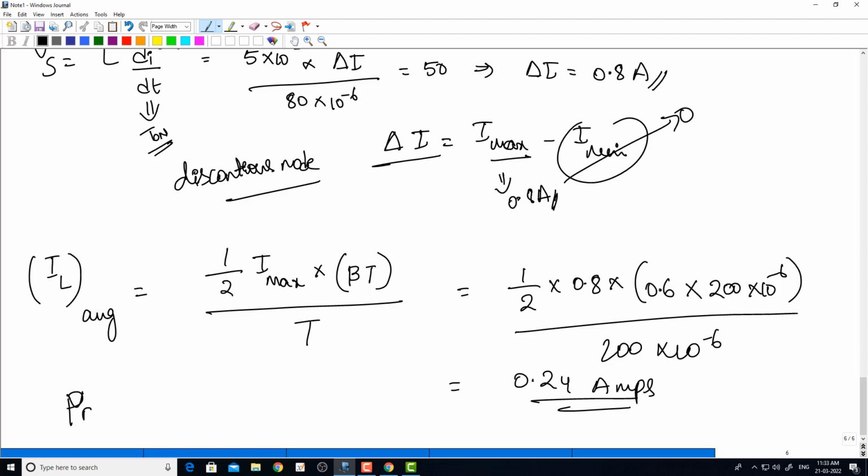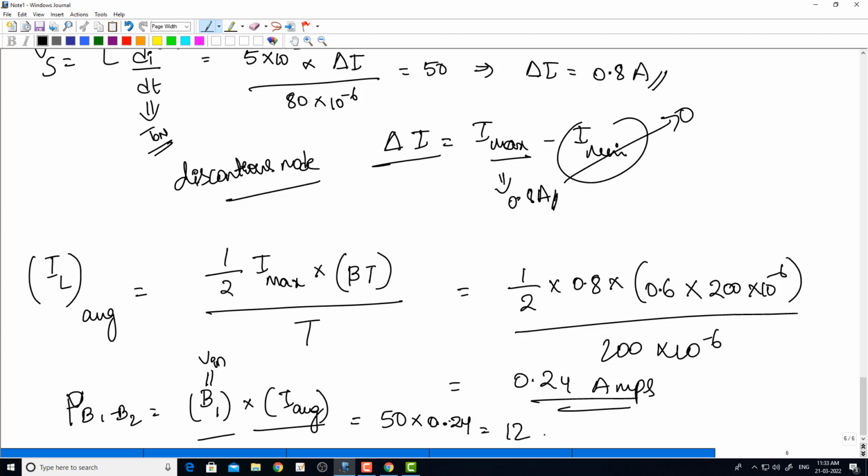So the power transferred from B1 to B2 is the B1 voltage, that is Vin, into the average current flowing through the inductor, that is 50 into 0.24, which is 12 watts.